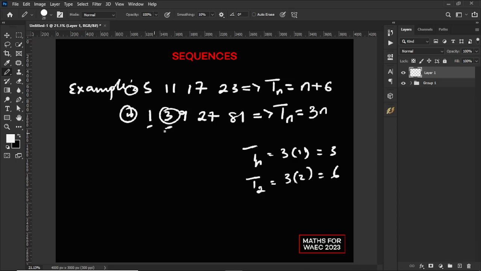What about dividing by 3? Is that what you said, T of n equals 3n divided by 3? Okay, let's check. No, it's not correct. So what do you think we can do?